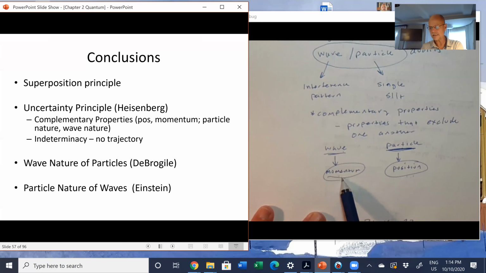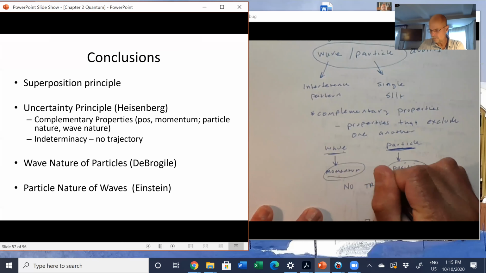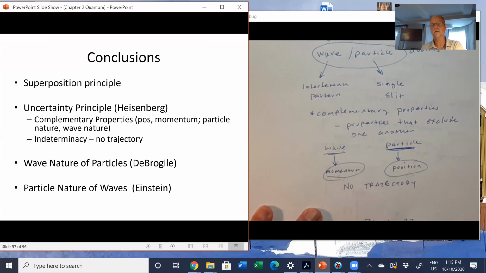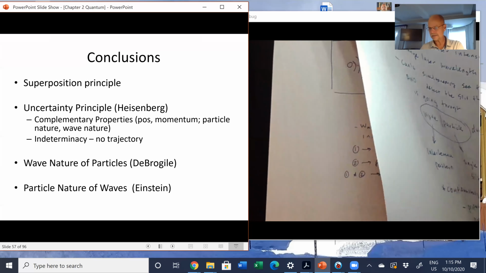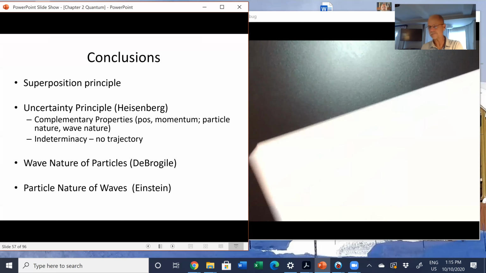But you can't simultaneously know the momentum and the position. So if you can't know the momentum and the position, then you cannot predict a trajectory, right? No trajectory, okay? And so in quantum mechanics, what happens is that instead of a trajectory, we get these probability maps, okay?